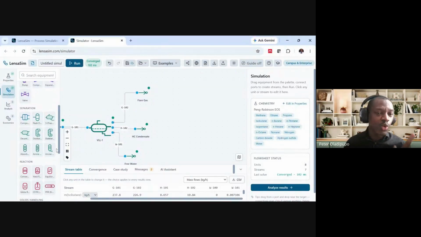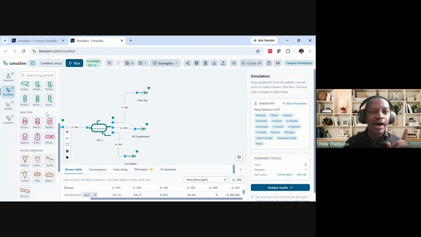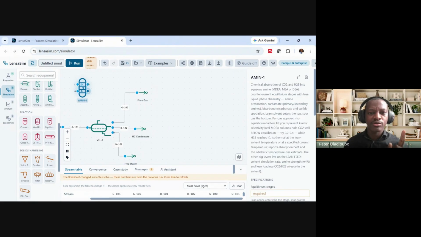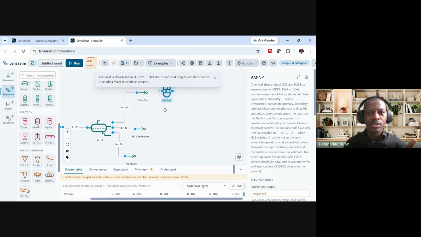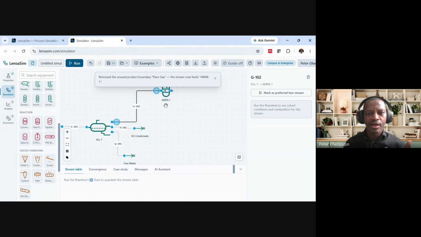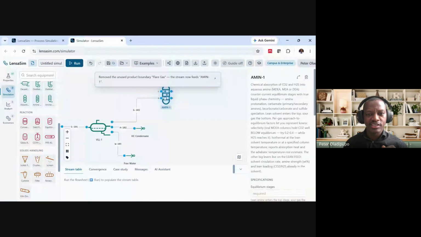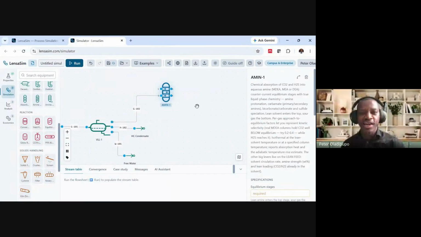In the simulator we have an amine contactor, a specialized unit created for this purpose. So we're going to bring out the amine contactor. Like I said, it is essentially an absorption tower. The flare gas goes into the bottom. See where in the inlet we have a G, meaning where the gas enters from.